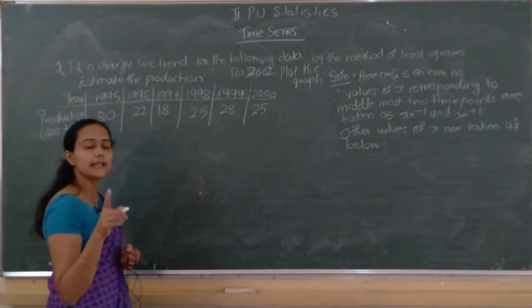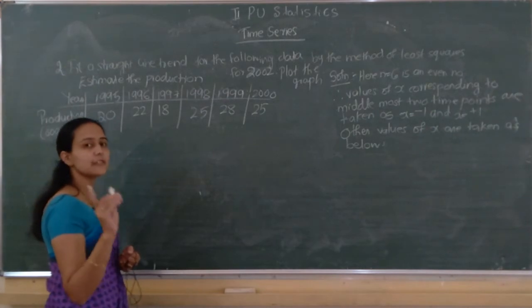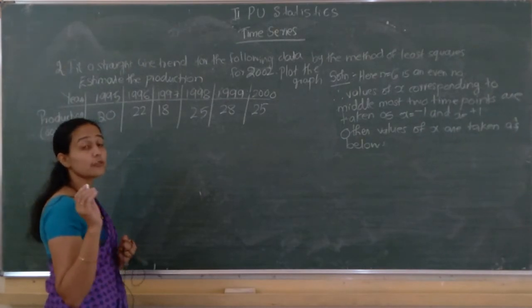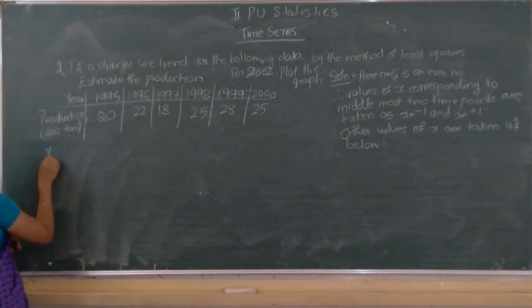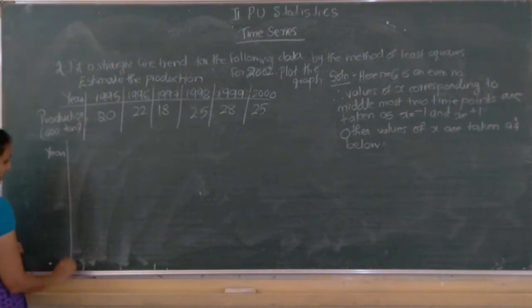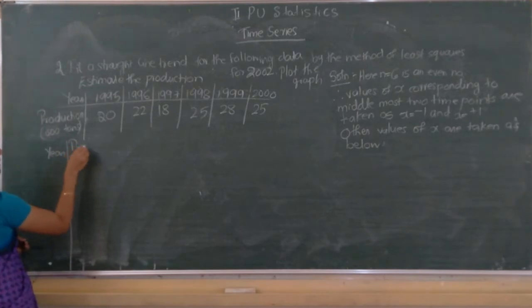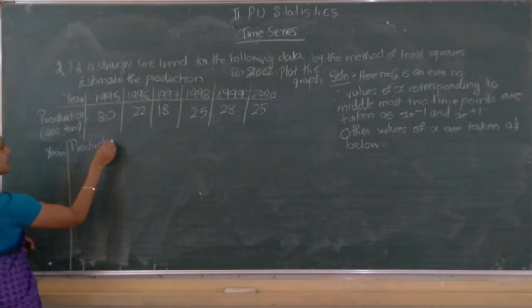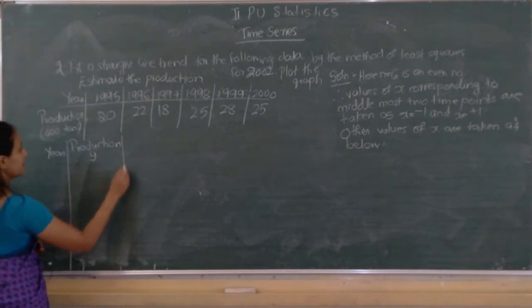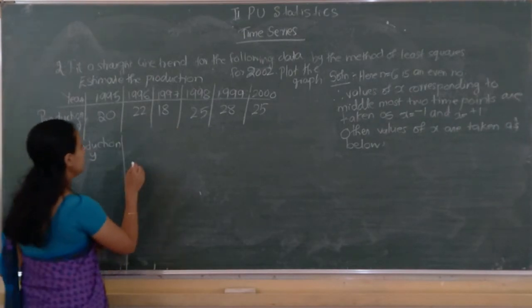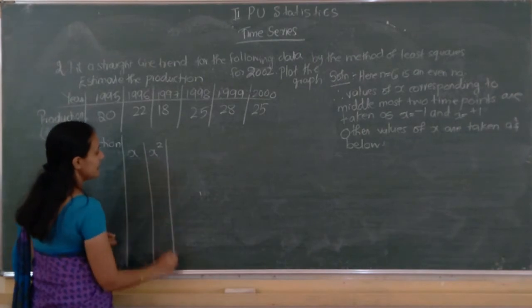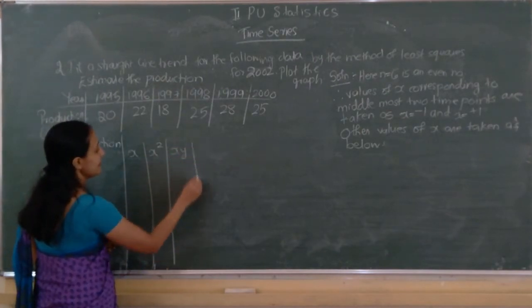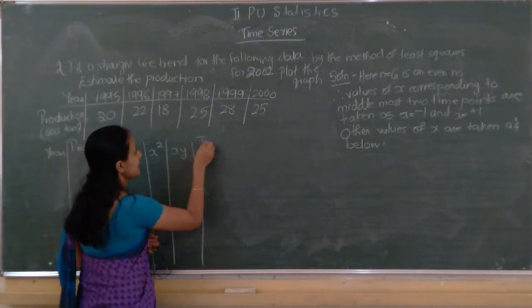Here also, remember to plot the graph. One more column is there for finding trend values. So I will write here: year, next production, denoted by y, in 1000 tons itself. Next x, next x square, next xy, and the last one is trend values.